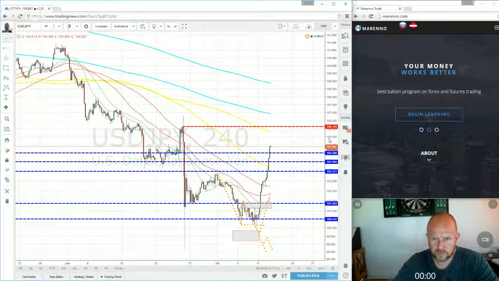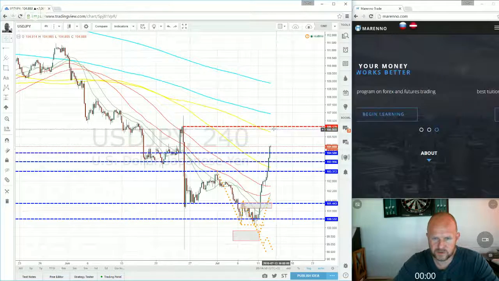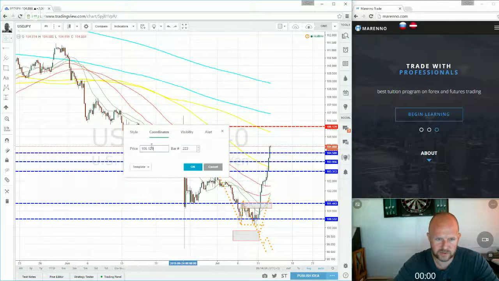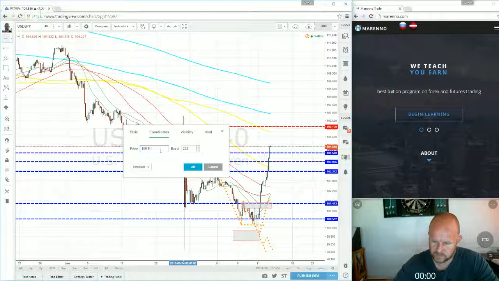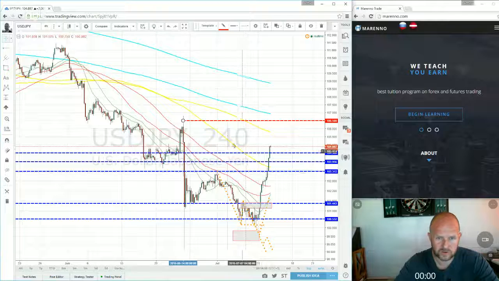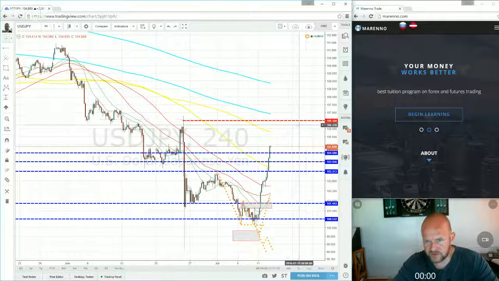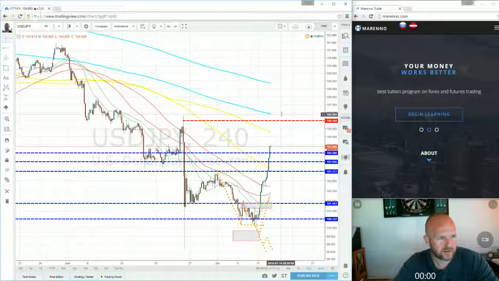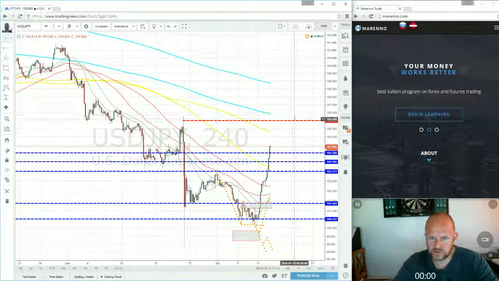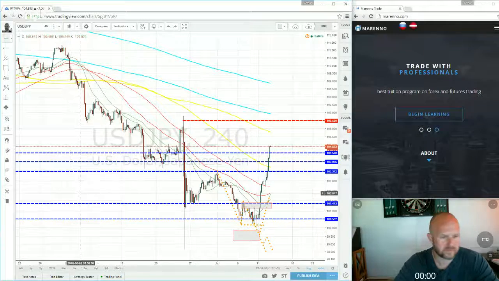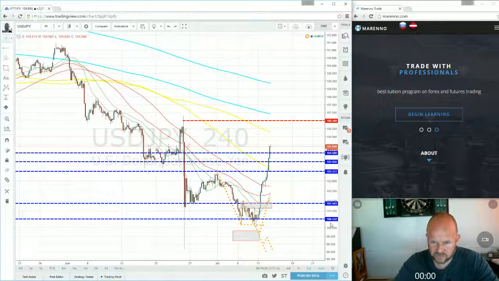Let me place it here like this. All right. Once this level is reached and broken, I'm trying to sell it with a first target at 105.32.